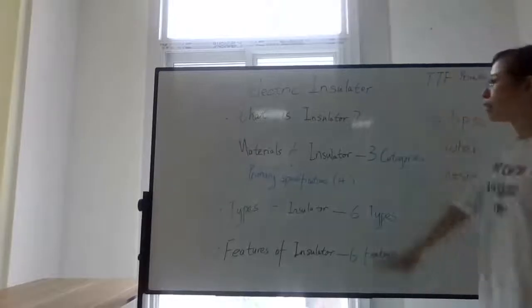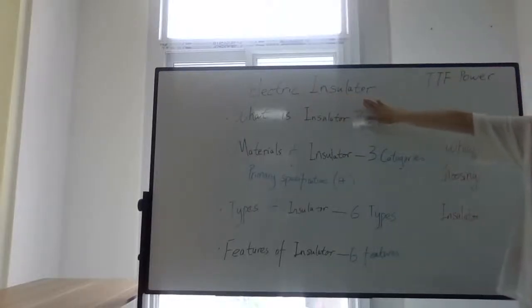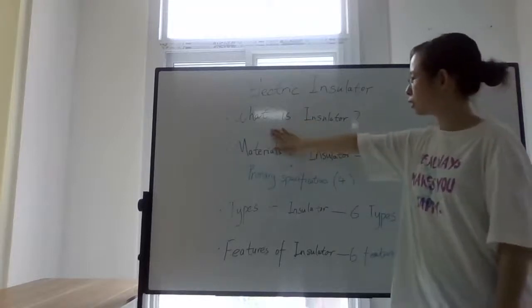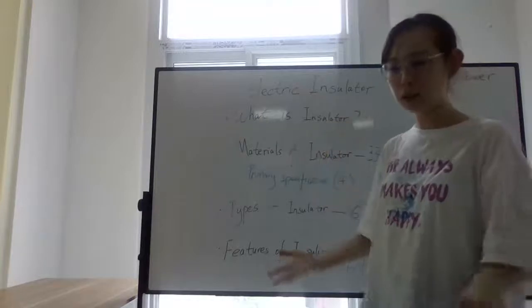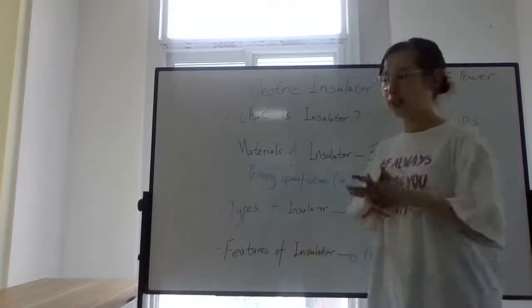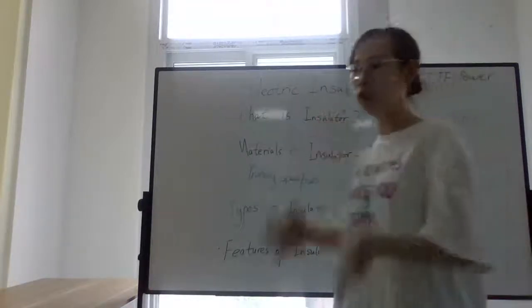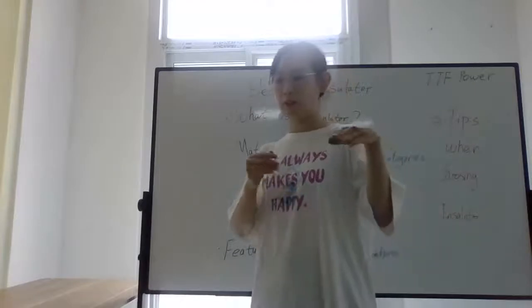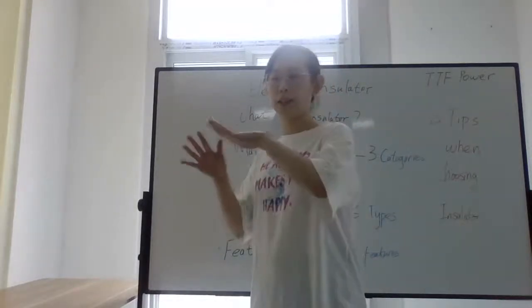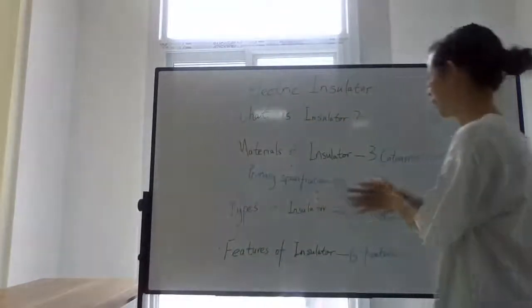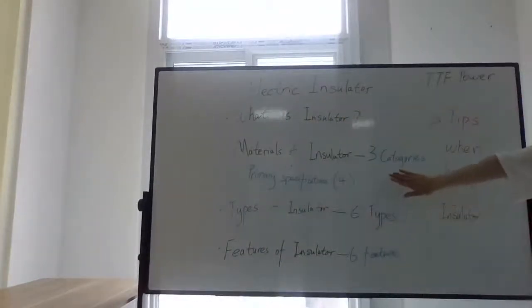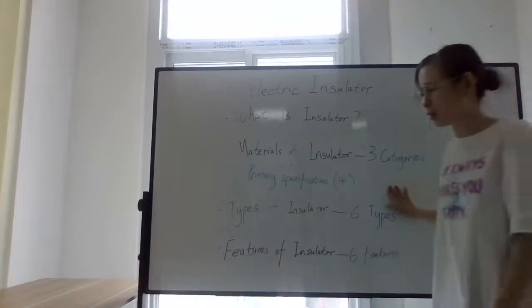Today I talk about electrical insulators. Firstly, I talk about the insulators' definition. What are they? What can they do? They can stop the flow of electricity to electrical wires, right? Yes. And then I talk about three categories of materials of insulators.